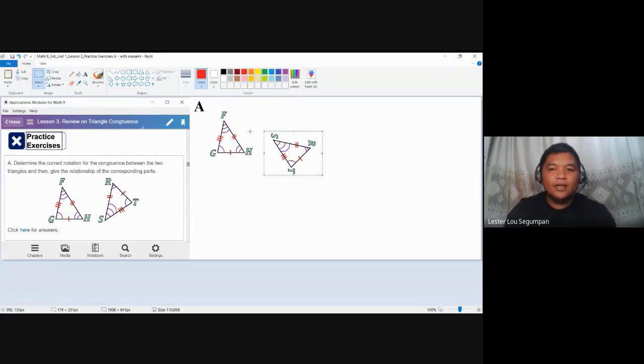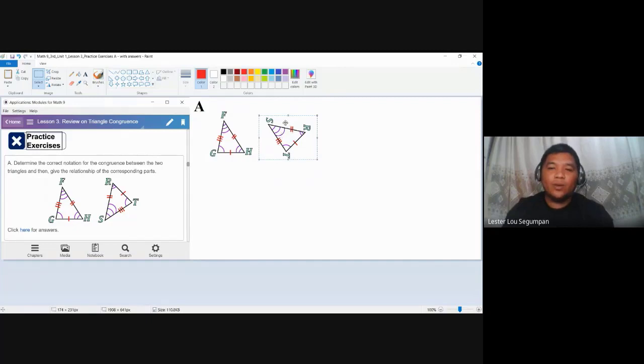Because there are no other degrees of rotating in Paint, let's just be okay with this, or you could rotate it better in your own area, so that we could come up with the corresponding sides.